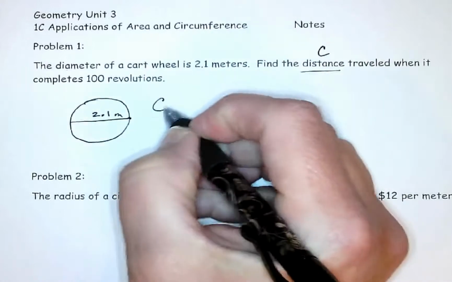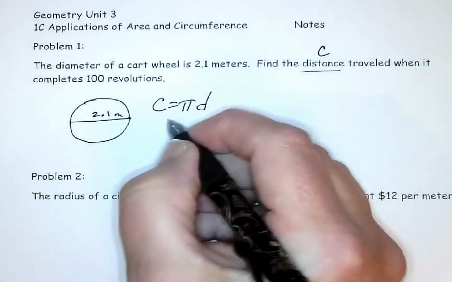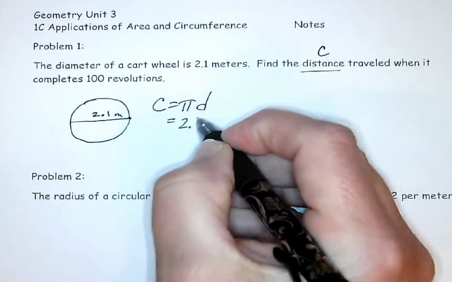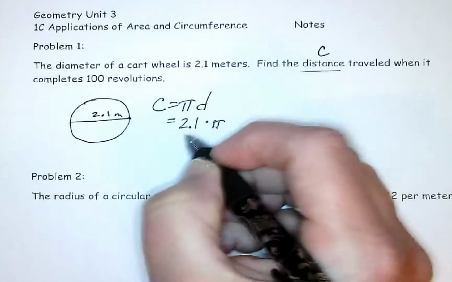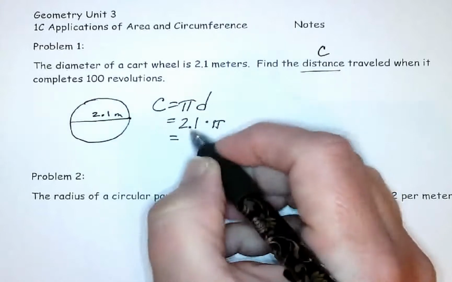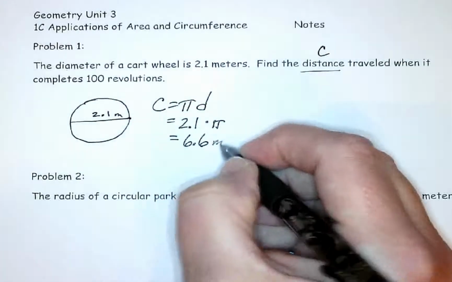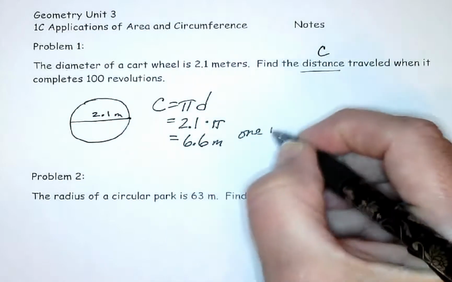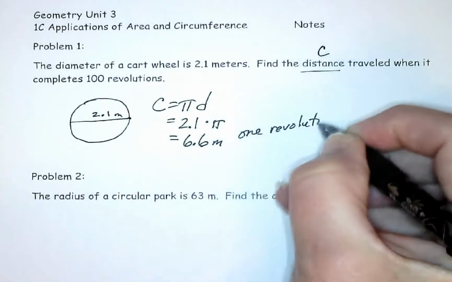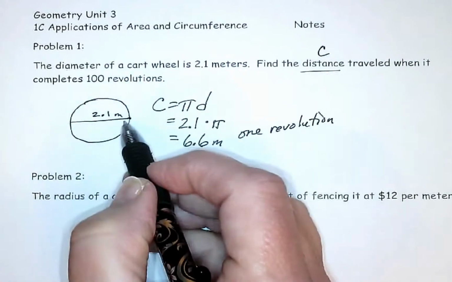Okay, so circumference, when I'm using the diameter, I'm going to use pi d. The diameter is 2.1 times pi is going to be about 6.6 meters. Okay, and that is one revolution. When I go around this circle one time, that's one revolution.